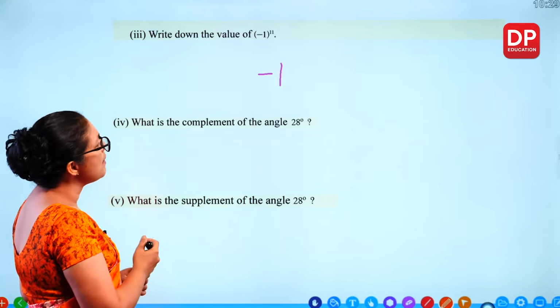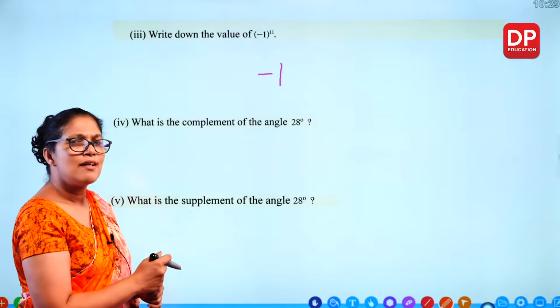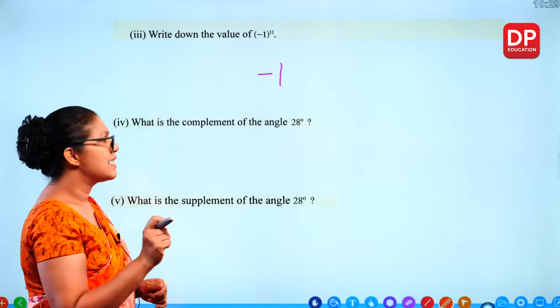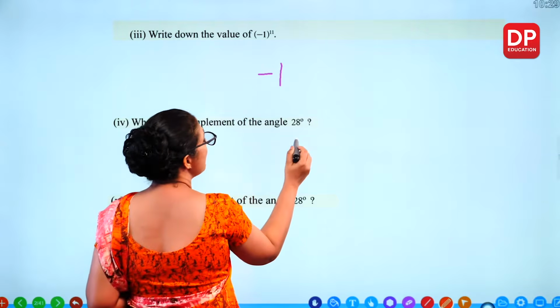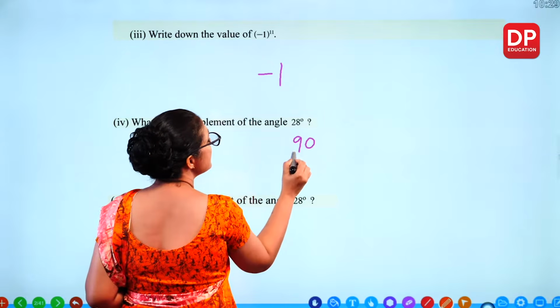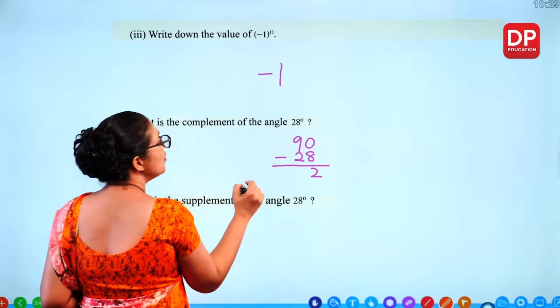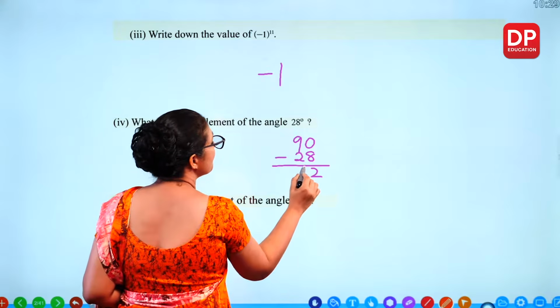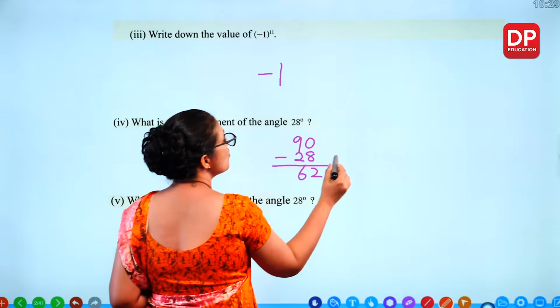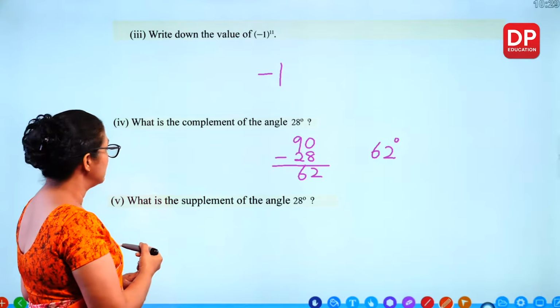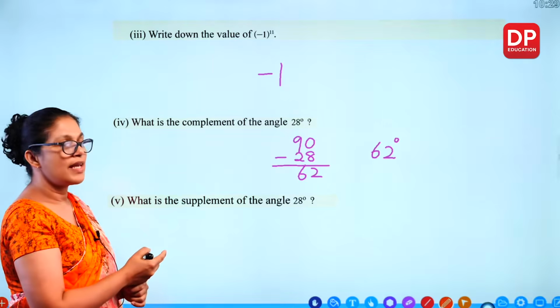What is the complement of the angle 28? What does complement mean? The sum adds up to 90 degrees. So to find the other angle, you take 90 degrees and subtract. So you get 62 degrees as the other complement angle. What is the supplement of the angle 28?